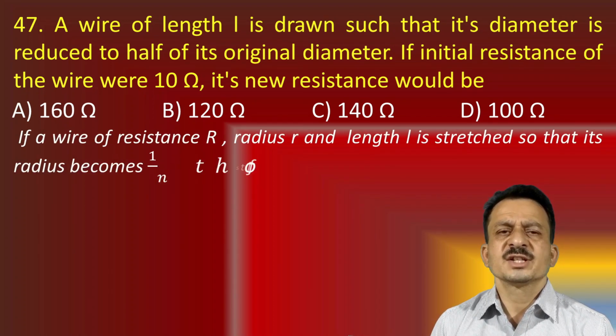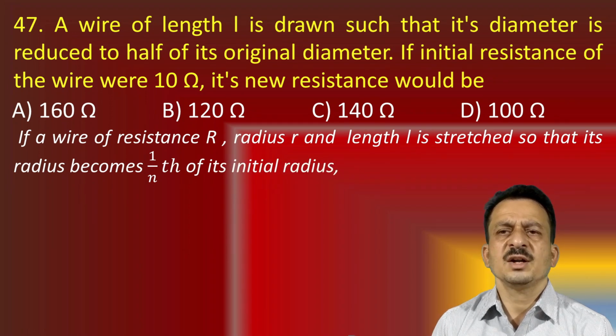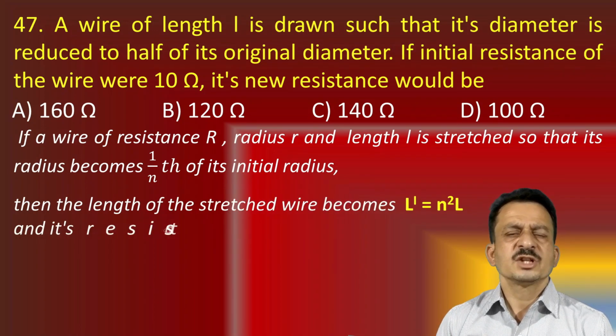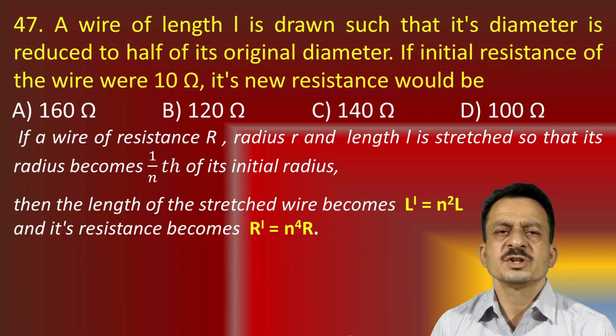If a wire of resistance capital R, radius small r and length L is stretched so that its radius becomes 1 by nth times its initial radius, then the length of the stretched wire becomes n square times the original length, and resistance becomes n to the power of 4 times.